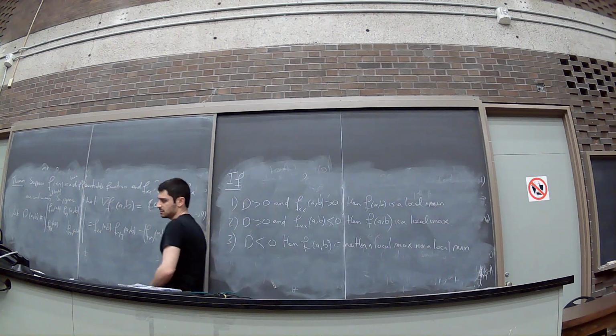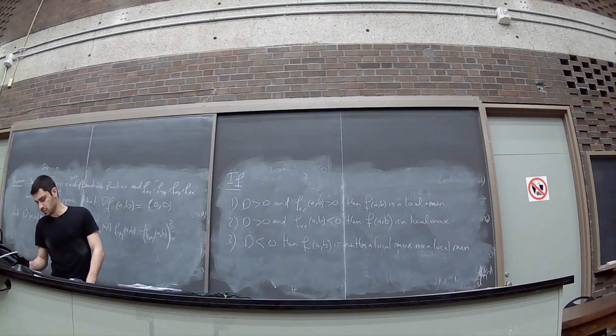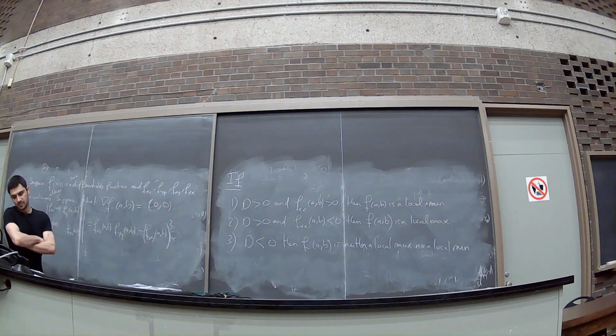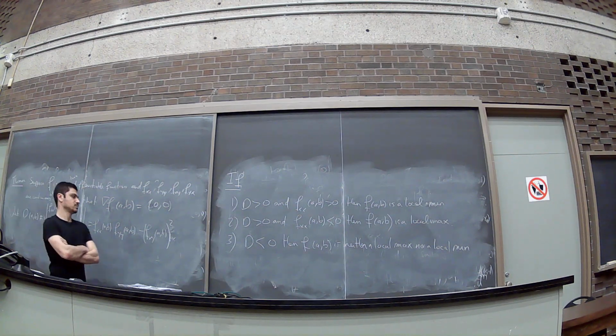I've seen this before. So in case three, f(a,b) is not a local max or a minimum, and (a,b) is called the saddle point.